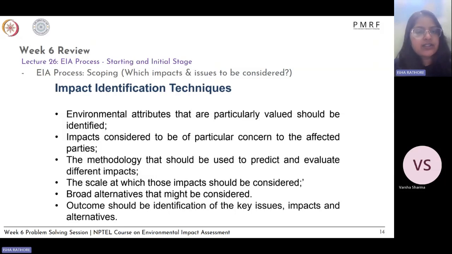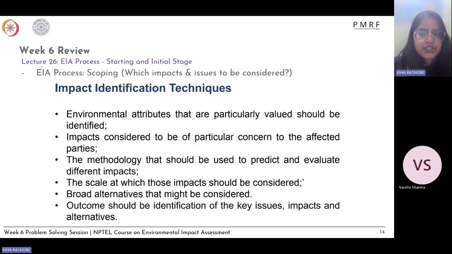So these are three critical environmental attributes which you identify based on the type of the project, and then you highlight them more in your studies. Of course, you do it for all the other environmental parameters as well, but first the critical and most significant impacts and environmental attributes are identified.